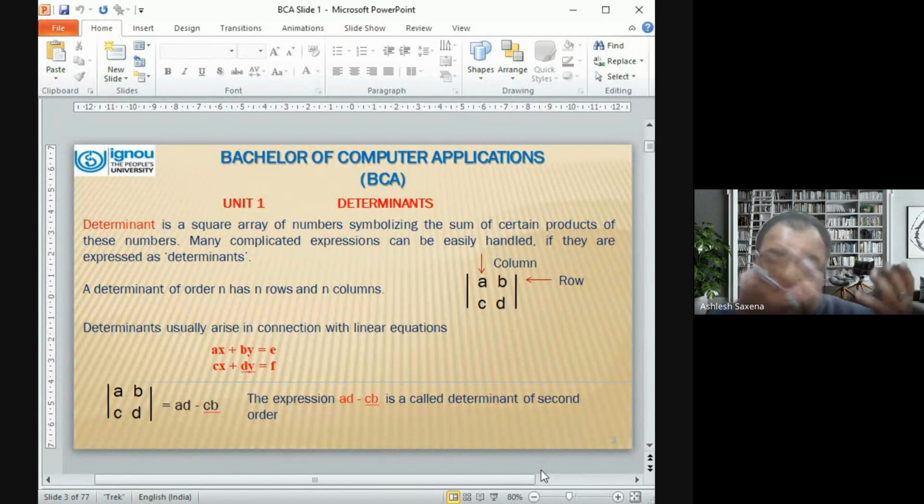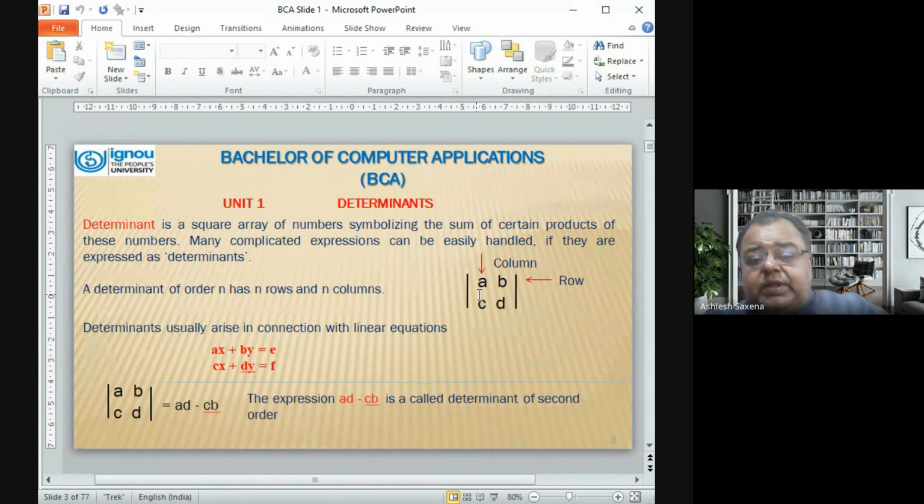Now, what is a determinant? As I said, a determinant is an array of numbers. You can see over here, this is a determinant form, which consists of elements in columns and elements in rows. The vertical elements, that is, this one is the column and these are the rows.